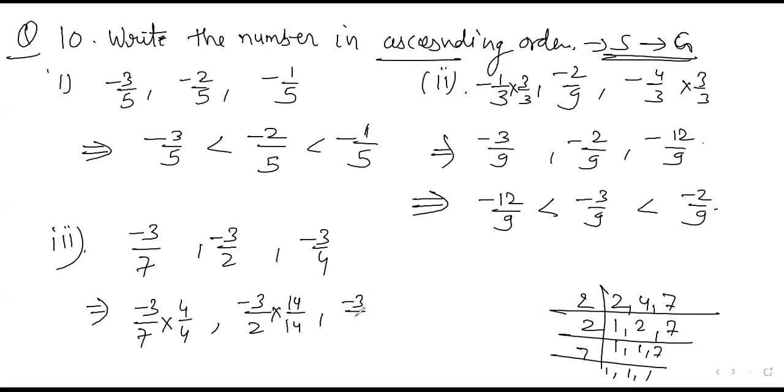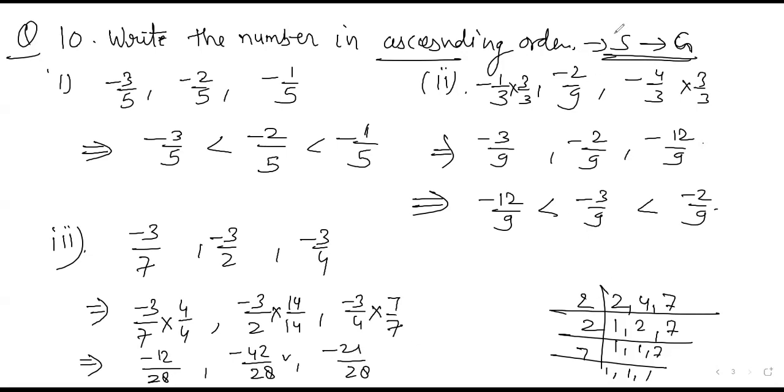And minus 3/4, you have to multiply by 7. Okay, right? So minus 12/28, minus 42/28 and minus 21/28.